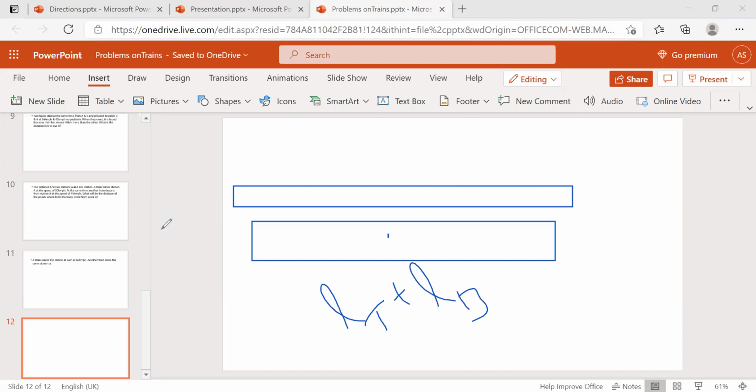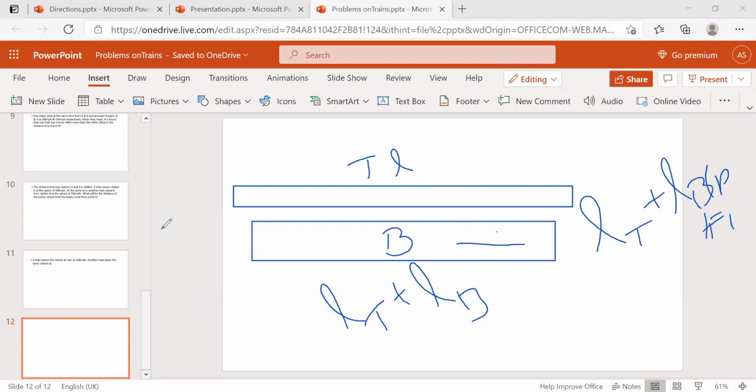Suppose it's a bridge, it also has some length, right? And the train also has some length. So while the train is crossing the bridge, the distance traveled by the train is both the length of the train plus the length of the bridge or platform or tunnel or another train. These are very, very important basic points.